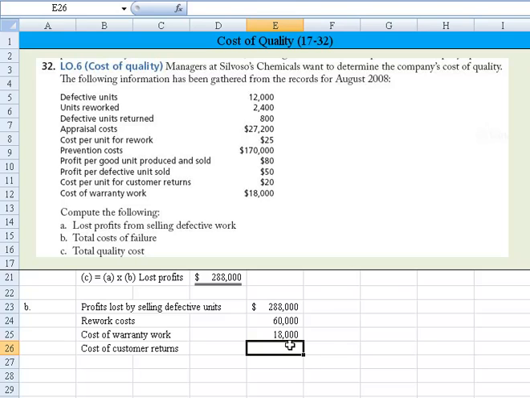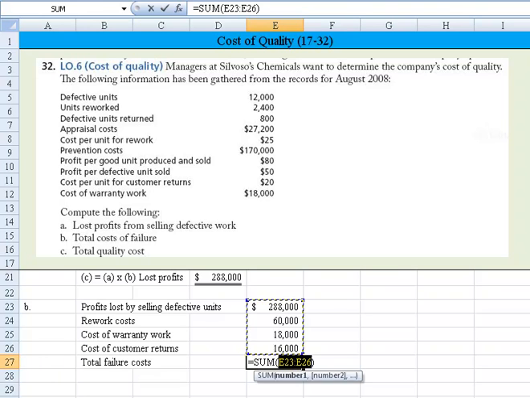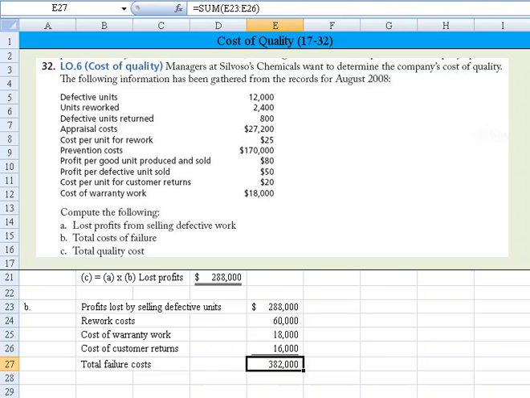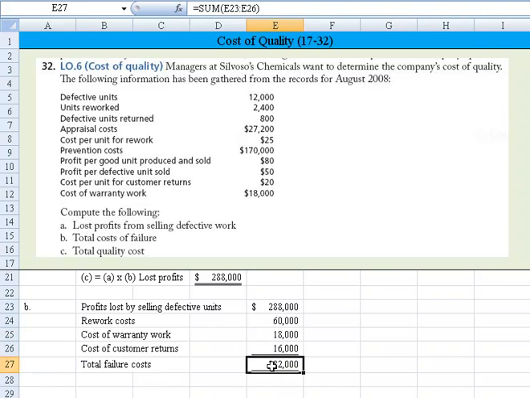Now, we'll assume they did some analysis to come up with that. So 800 times $20, right? Gets us $16,000. And once we add that together, we're able to determine the total failure costs. So if I sum this, find my sum key here, and underline this, double underline that, and turn that into a dollar sign for proper formatting, and that takes care of part B.